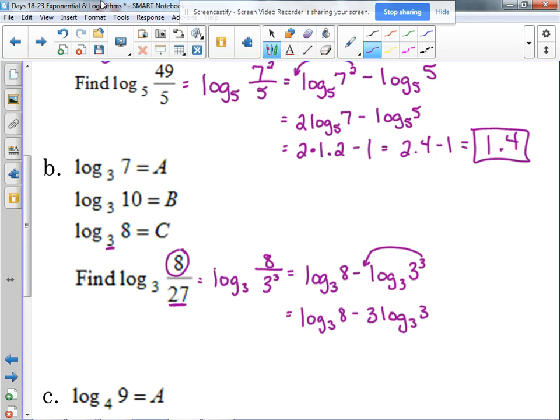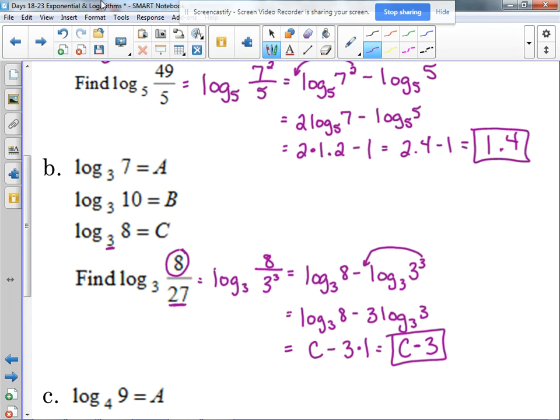Okay, log base 3 of 8 is C, so we're going to replace that with the variable C. Log base 3 of 3, well, that's the problem we just looked at. We just did it with 5 instead. Log base 3 of 3 is equal to 1, so we have 3 times 1, which is, of course, 3. So this boils down to C minus 3.